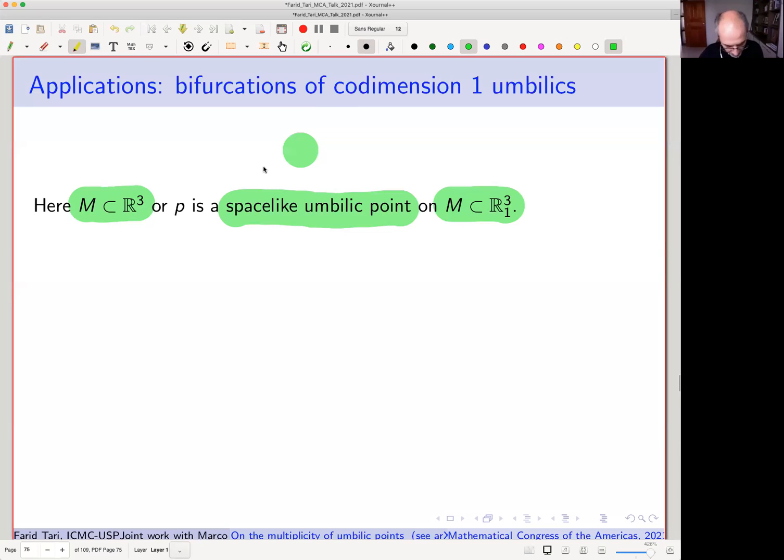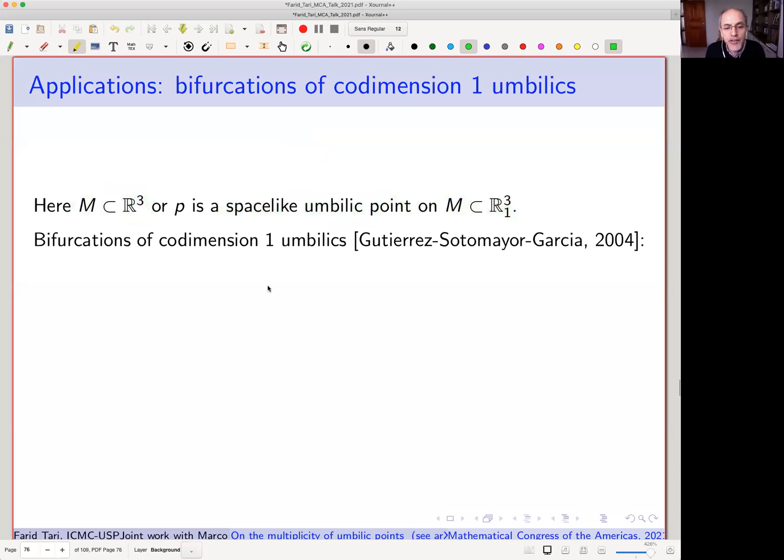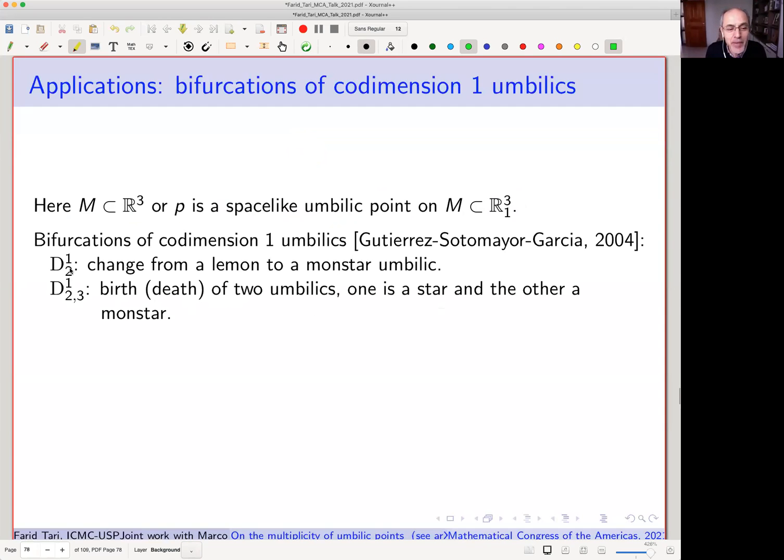If I look at the codimension 1 umbilic points, the way they bifurcate was studied by Gutierrez, Sotomayor, and Ronaldo Garcia. There are basically two generic types of umbilic of codimension 1, which the authors denoted by D12 and D13.